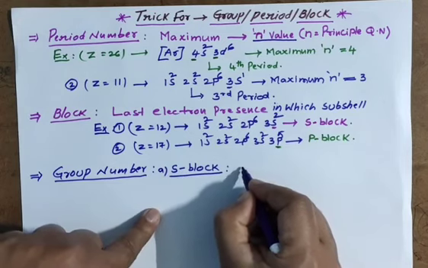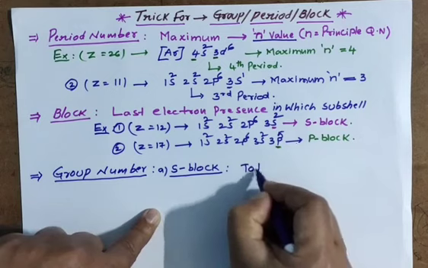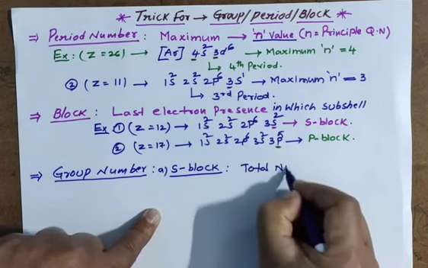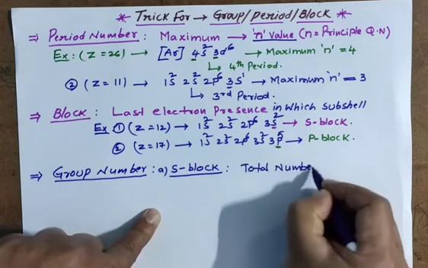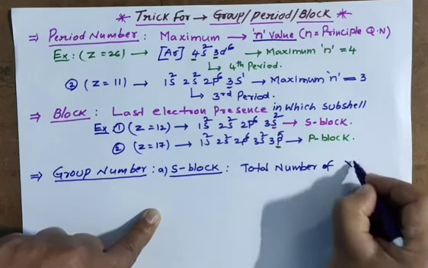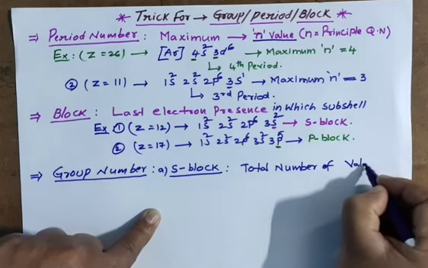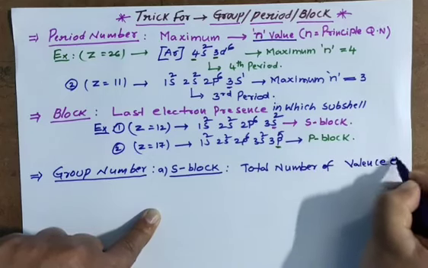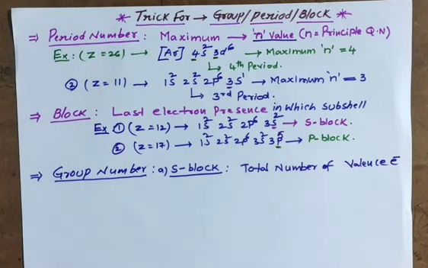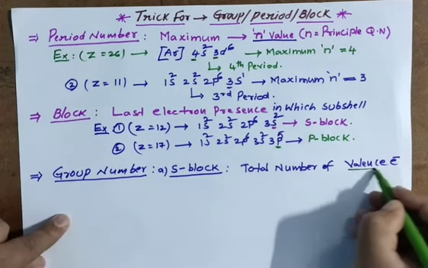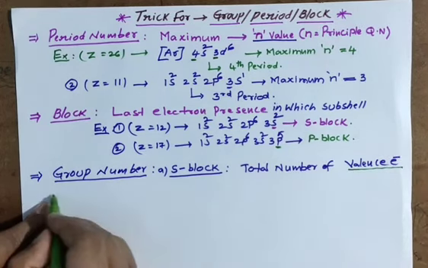Simply, the total number of valence electrons gives the group number. Simple. Valence electrons give the group number.